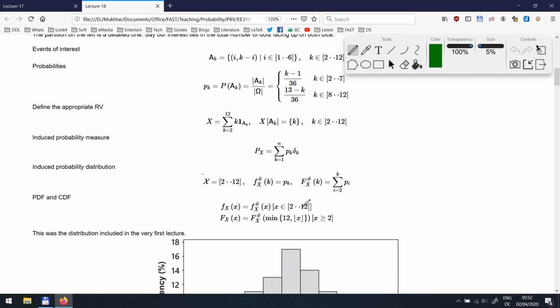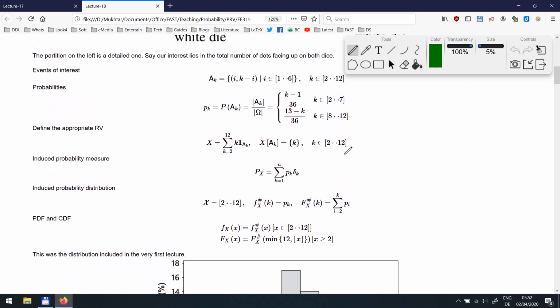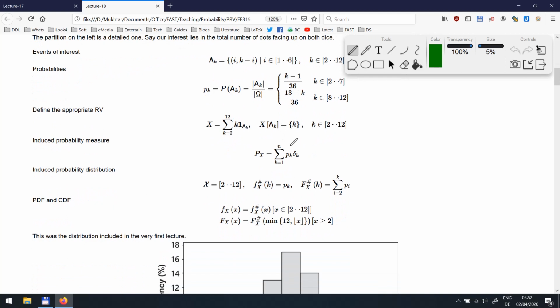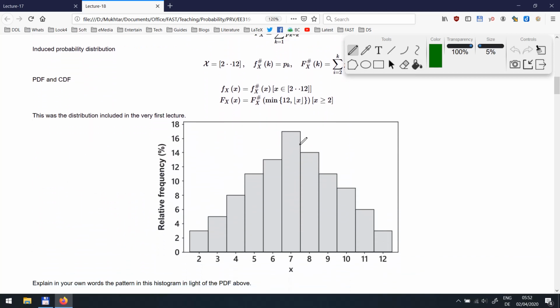If you want to write the PDF and the CDF, you can use the clipping functions. So that is not so difficult. I just wanted to show you that you can apply this theory to any problem.